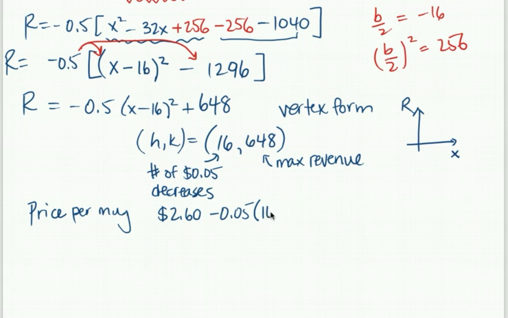So if you do that, 16 times 5 cents, that's a decrease by 80 cents. So that's what you're trying to find here, the price of the coffee mug now. If we were to decrease it 16 times, you'll find that a price of $1.80 is what's going to get you the most money, so the max revenue for your store.